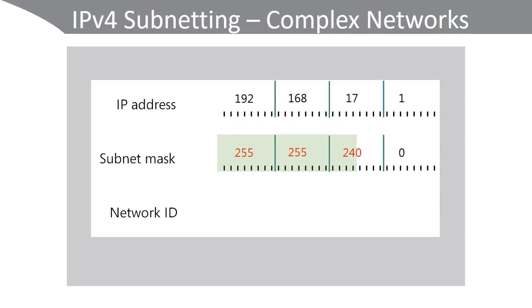This leaves 12 bits to describe each of the hosts within the network. So that's more hosts, but fewer networks and subnetworks. This device is in fact located in network 192.168.16.0. That may not appear obvious when you study that third octet, but that's because, in binary at least, the first digits in the third octet match.